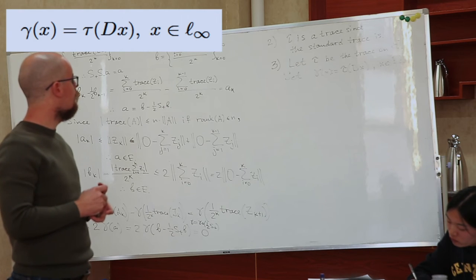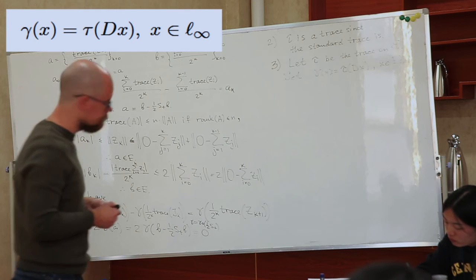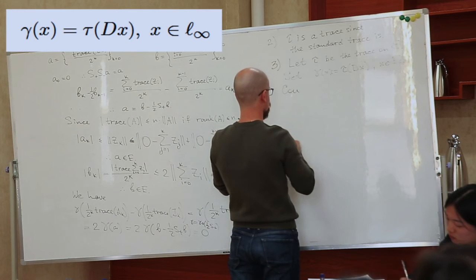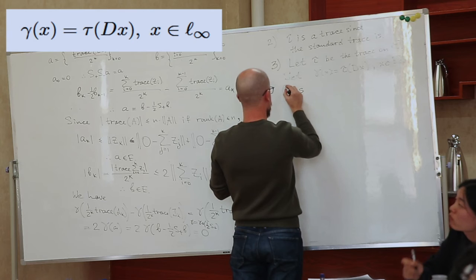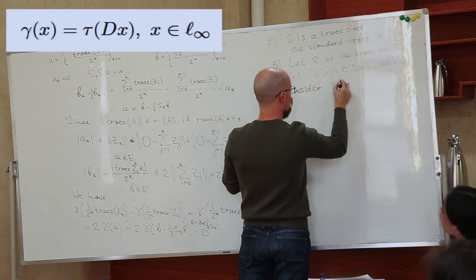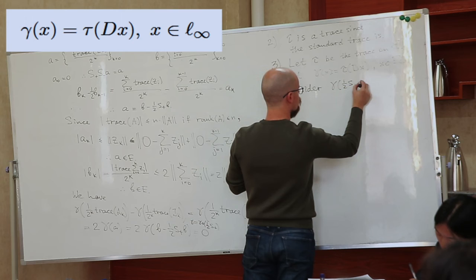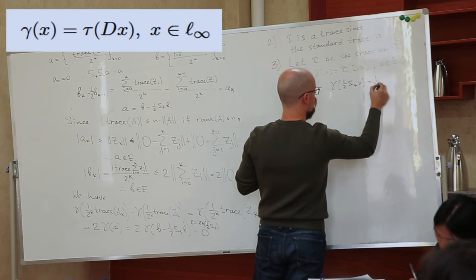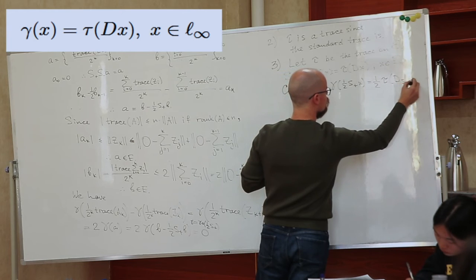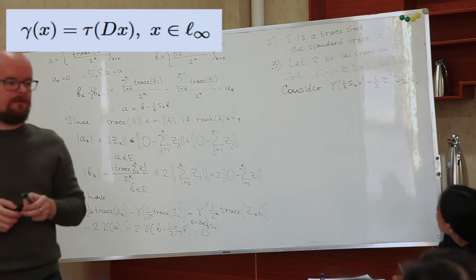Yeah. We need to prove S plus over 2 invariance. So consider gamma of half S plus of x, which is half tau of d S plus of x. Let's have a closer look at d of S plus of x.